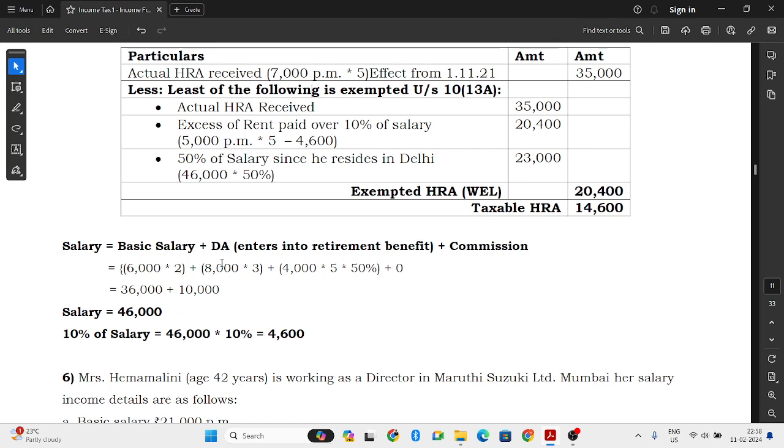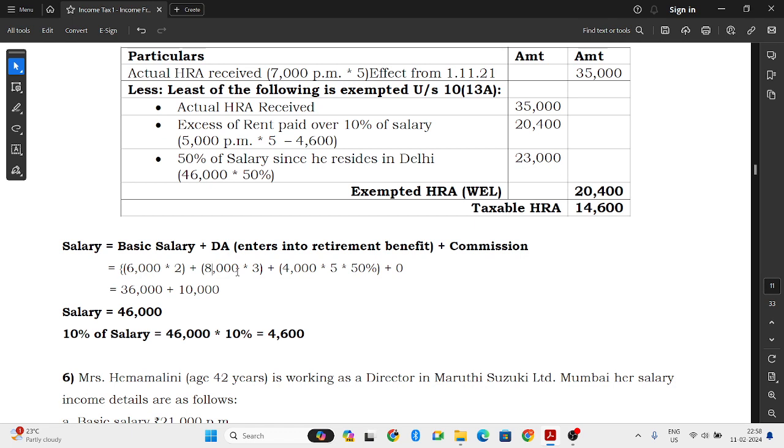So November and December, 2 months, he's getting 6,000 as basic pay. Jan, Feb and March he's getting 8,000 rupees as basic pay, plus 4,000 into 5 into 50%. That is the DA. Total 4,000 DA, 5 months we are calculating because HRA has been received for only 5 months, into 50% enters into retirement benefits.